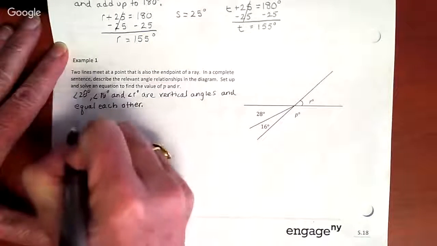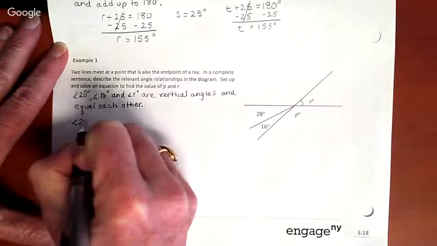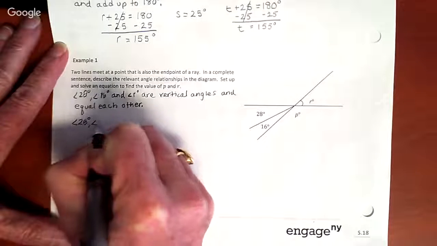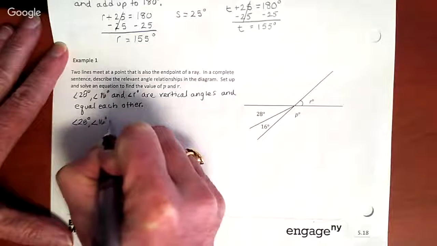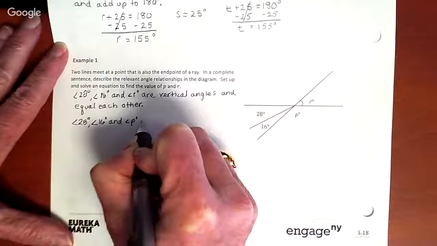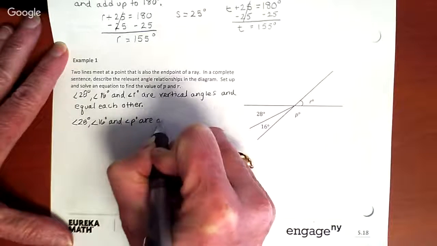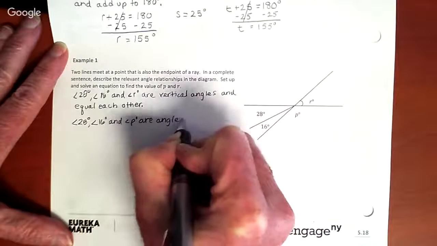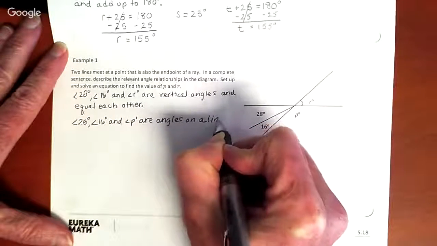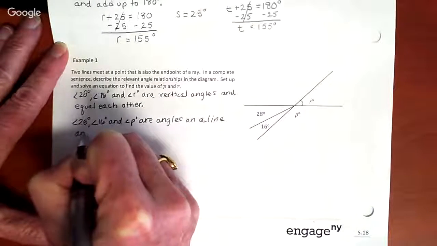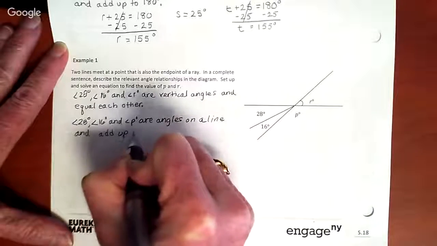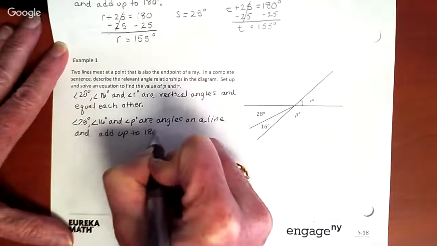Next, angle 28 degrees, angle 16 degrees, and angle P degrees are angles on a line and add up to 180 degrees.